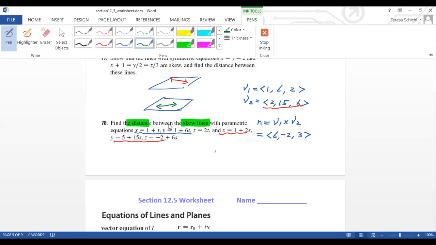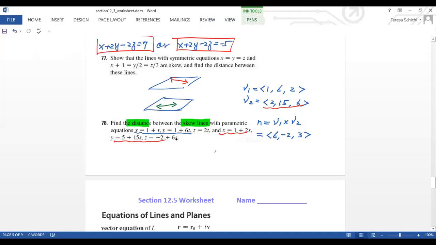Now they ask, what is the distance? As long as I can find a point, then I can use my previous problem number 76 to find it, correct? So now I'm finding the point. For the first plane, I let t equal to 0 to see what the point is. With t equal to 0, this will be 1, 1, 0.